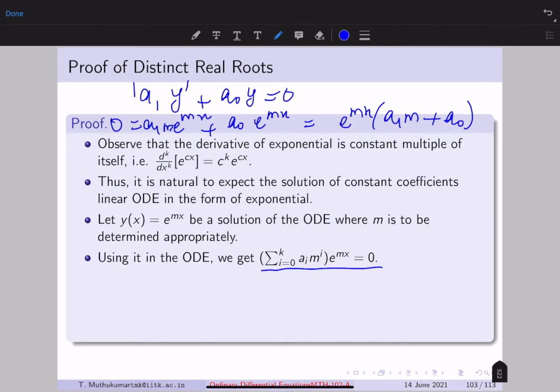So you see, you started with this ODE. When you assume this form of solution, then that ODE becomes this.